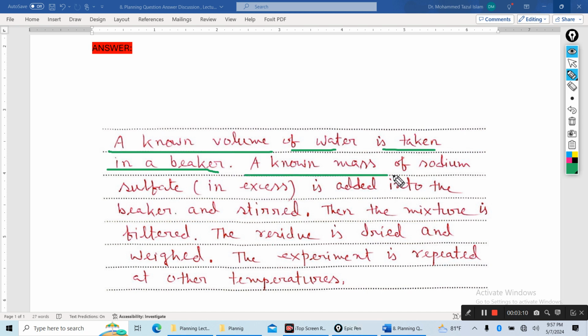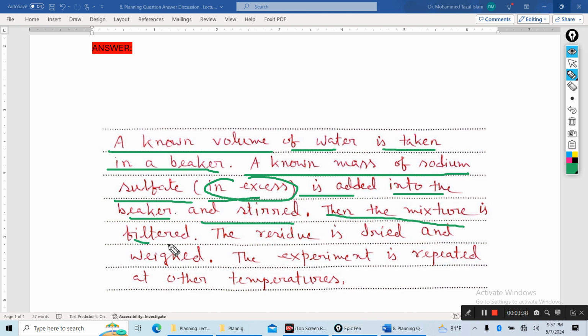Then a known mass of sodium sulfate, 5 gram, a little bit in excess, is added into the beaker and stirred. As excess sodium sulfate is taken, some sodium sulfate will remain undissolved.